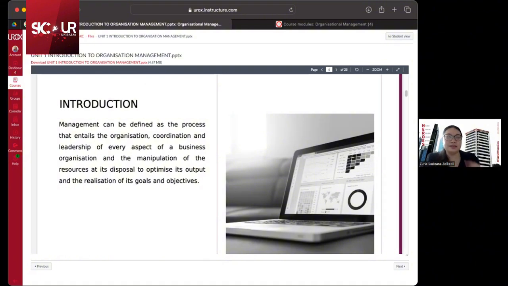This division of work we are going to see in a later chapter, organizing. Lepas tu leading. When we have structure, with people in top management and different levels of management, definitely we have leadership. So this is another chapter, which is leading.